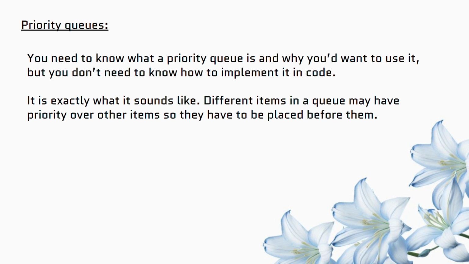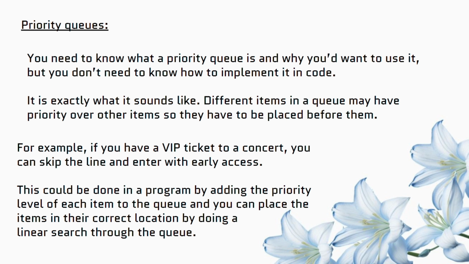You have priority over me. You can skip people that have lower priority than you, right? So a priority queue essentially means that items with a higher priority are placed in front of items that have a lower priority to them, right? If you buy a ticket to a concert, you can skip the line and enter with early access, just as I said. So this actually isn't too bad to implement.